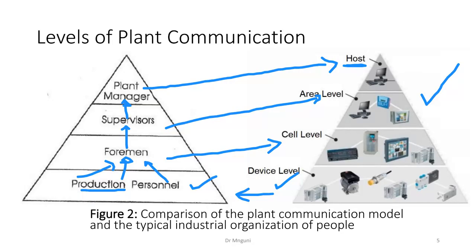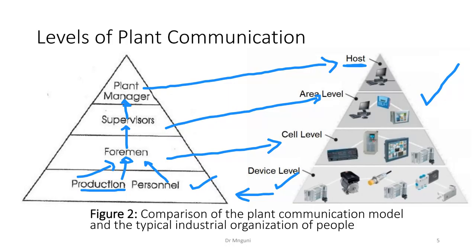Now, I always said that if we think of the typical duties that each personnel would have to do at each level, then it will be easier for us to understand the functions that these guys are supposed to deliver. And those functions are quite similar to the functions of these electronic devices that you need to understand here.